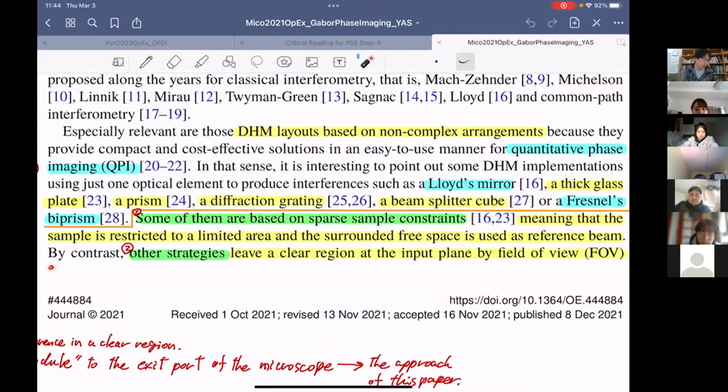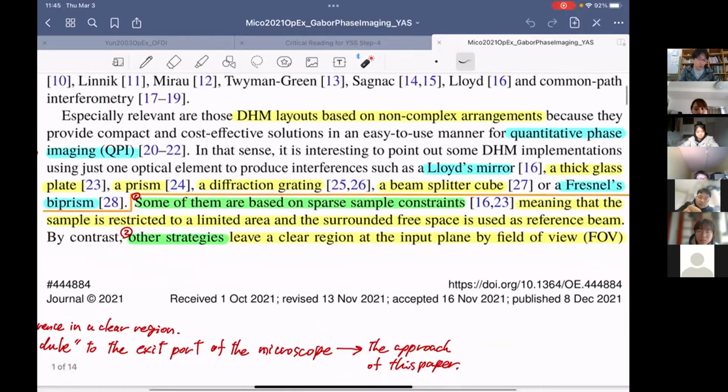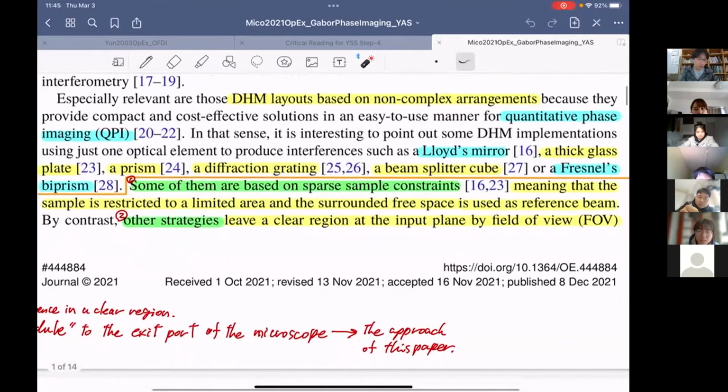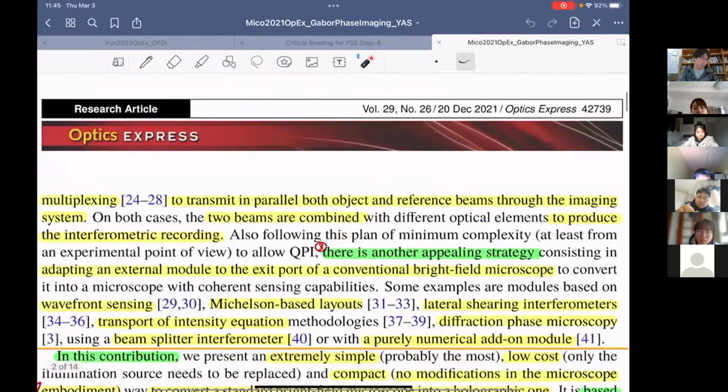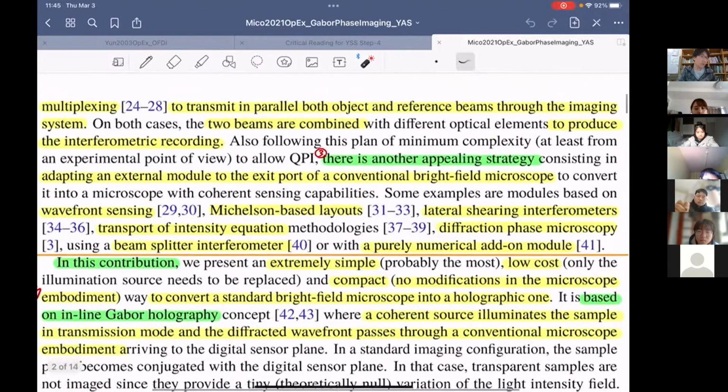By contrast, this one, other strategies. Okay, so this one is one strategy, and this one is a second strategy. So I just found they are parallel items, and I number it 1, 2. Other strategies have a clear region at the input plane by the field of view. And next page, manipulating to transmit blah, blah, blah.